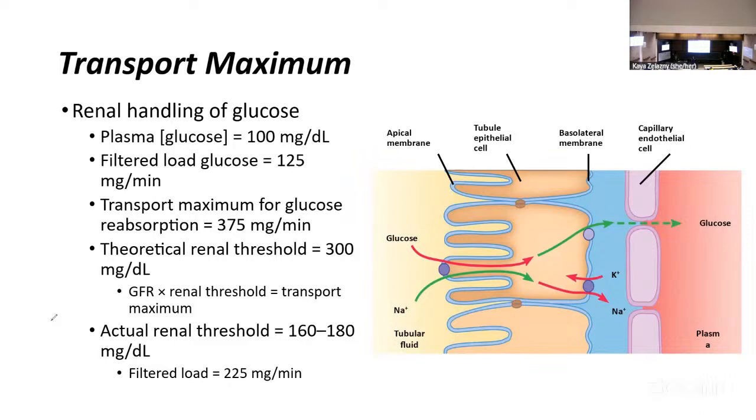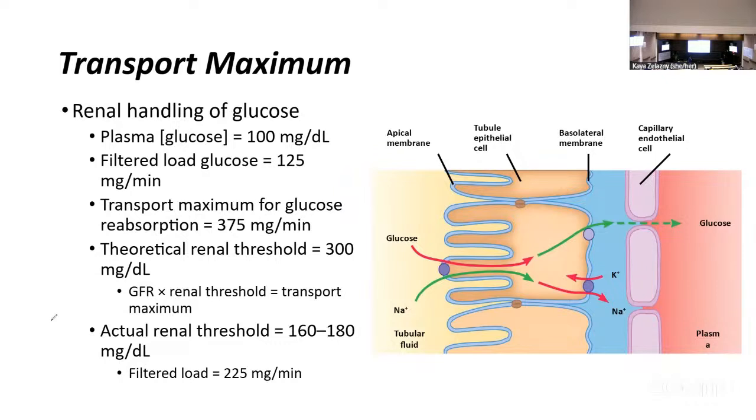It happens to be the case that if you observe this in actual patients in real life, that's not what we really see happening. Usually we don't see your body functioning completely efficiently up to that theoretical renal threshold. Usually we see an actual renal threshold that's a little bit lower, or maybe a lot lower.